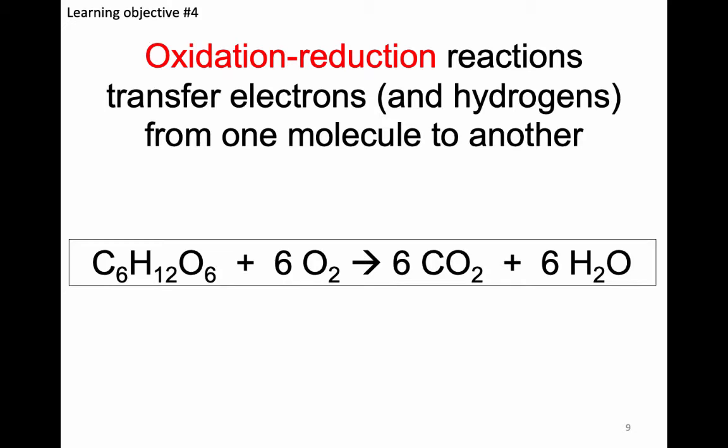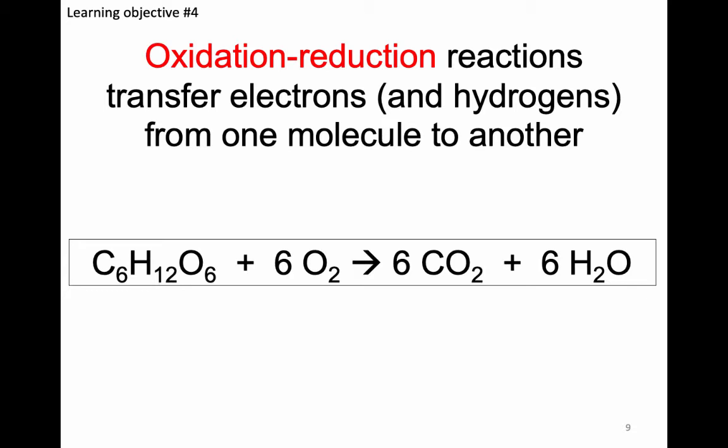So the glucose is being oxidized, which means it's losing electrons or hydrogens to form CO2. The other half of this is the reduction. Here we have oxygen, which has no hydrogens as a reactant, forming water as the product, which has 2 hydrogens per molecule. So this represents a gain in electrons, a gain in energy, a gain in hydrogens. So oxygen is reduced to water in this redox reaction.